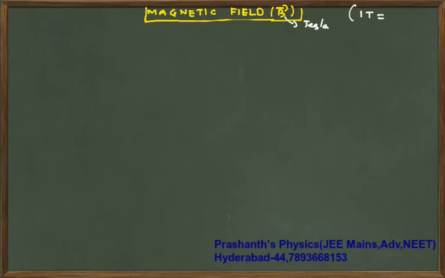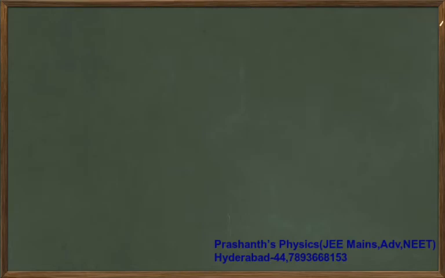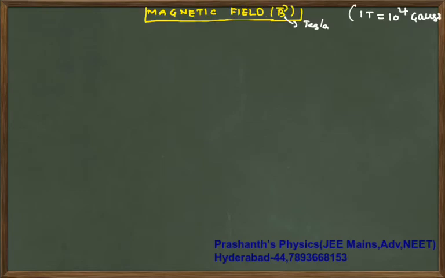CGS unit is Gauss. 1 Tesla is 10 power 4 Gauss. This is the CGS unit. Now let us try to calculate magnetic field.